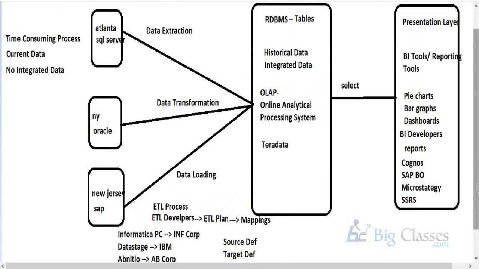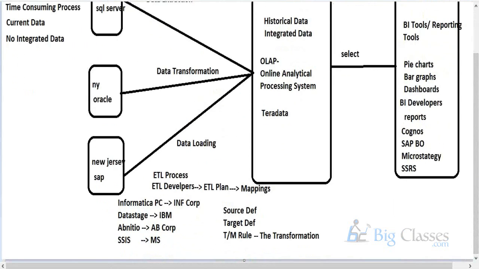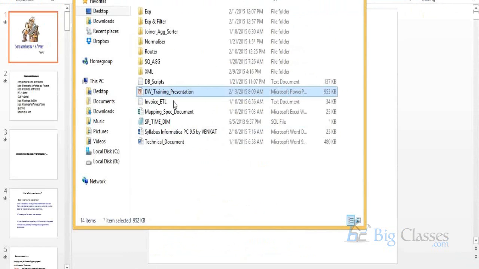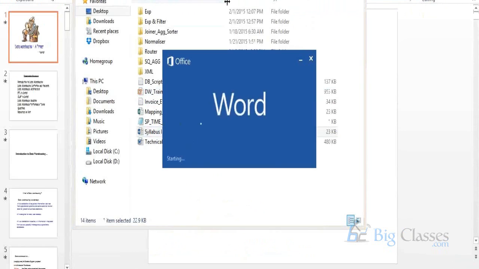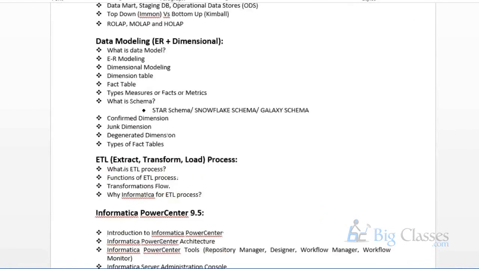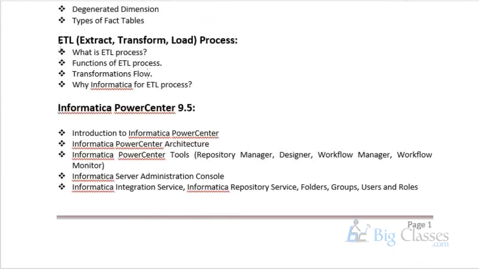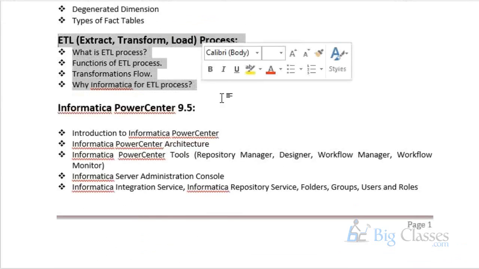Okay, that is about the demo. If you look at the course content, for the first 3 to 4 classes we'll cover the concepts of data warehouse and business intelligence: the architecture of the data warehouse, the different phases, the kinds of OLAP, data modeling, and the different concepts in the ETL process.